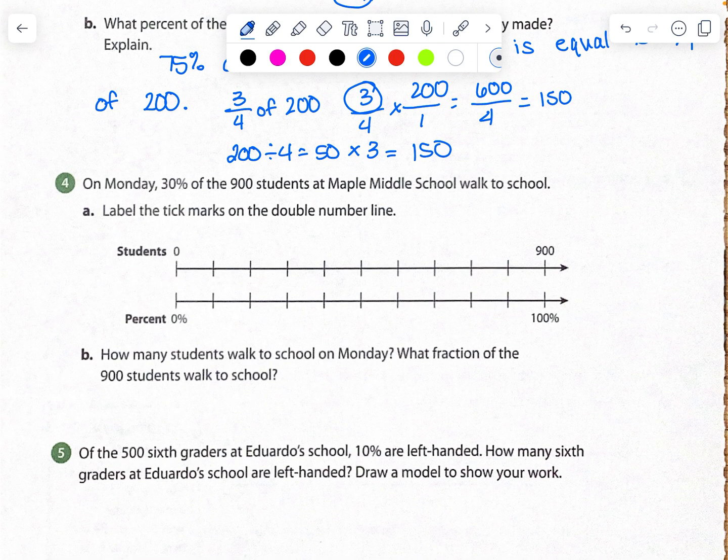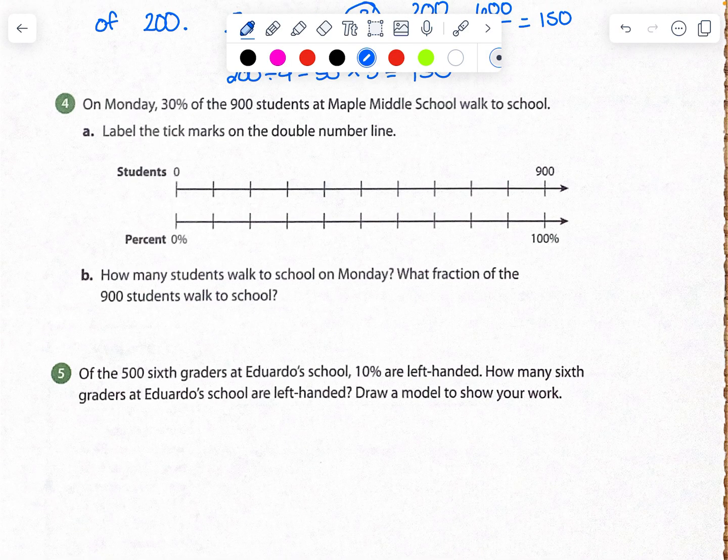Okay, let's keep going. Number 4, on Monday, 30% of the 900 students at Maple Middle School walked to school. Label the tick marks on the double number line. Okay, so the first thing you're going to count is how many spaces, not lines, but spaces or sections. You should recognize that that's 10, and that we're going to take the total, 900 divided by 10, which is 90.